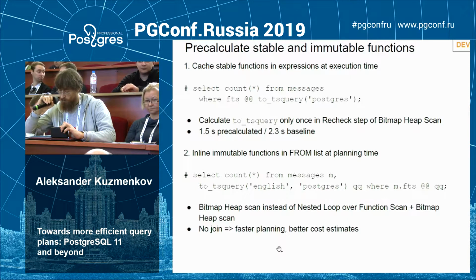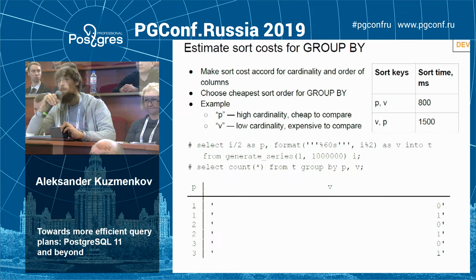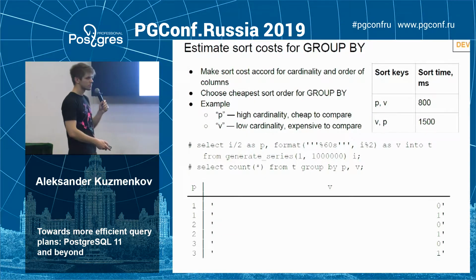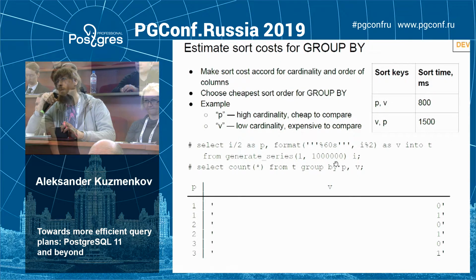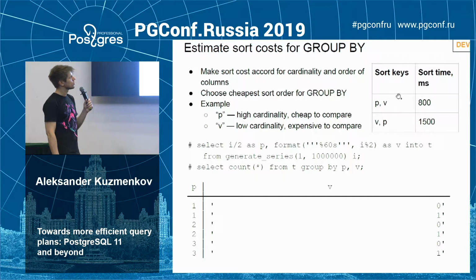Yet another question on the estimated sort cost. You said that by default we sort the columns in the order they are indicated in the group by. But in this case, we didn't have the group by, where we use the V column, the most expensive one.